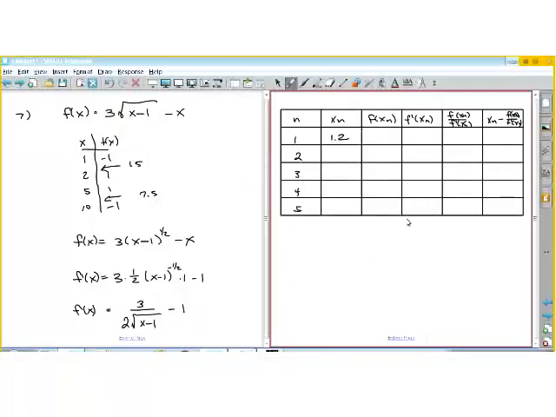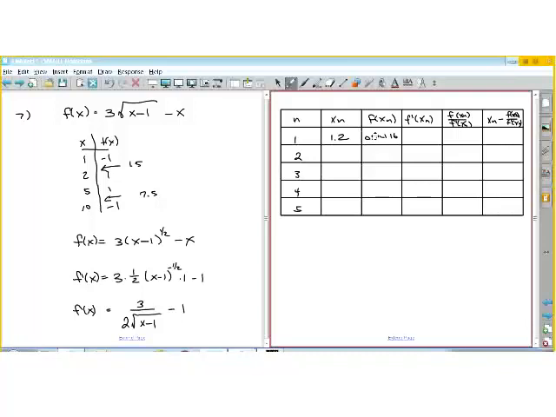Okay, so now we're going to plug it in, evaluate the function. 3 times the square root of 1.2 minus 1, minus 1.2, and I get 0.1416.